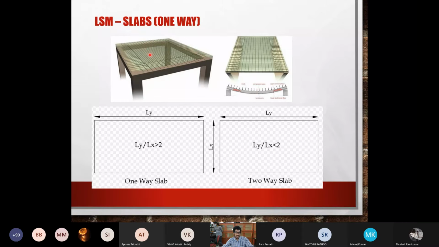Okay, so we see here we have a shape which is curved, and the curvature is the same everywhere as I move from this end to this end. Here I have maximum deflection at the center, so the curvature will be maximum at this point. Let's see how I can show it.